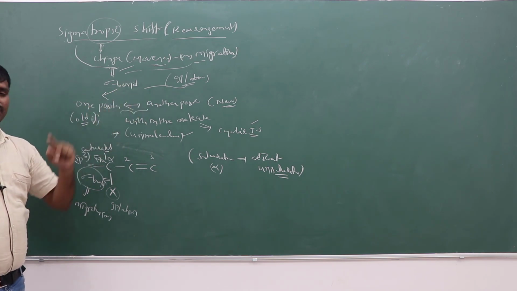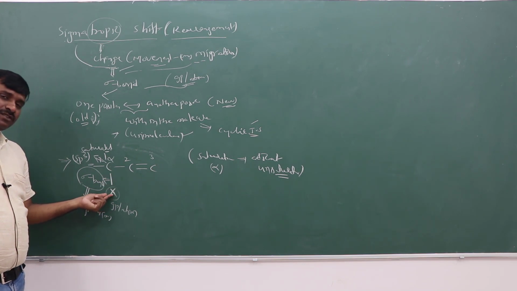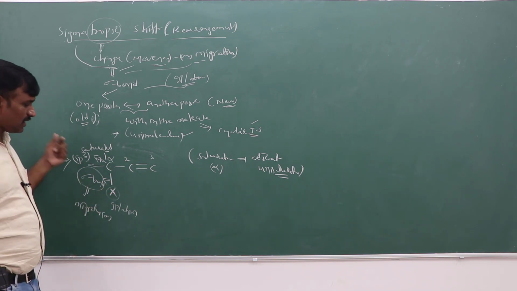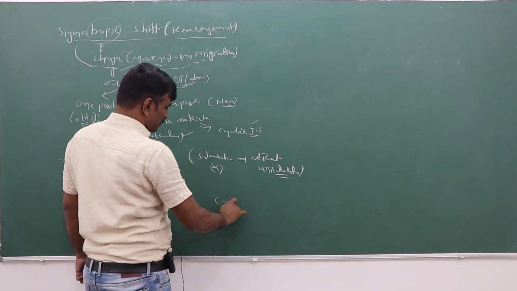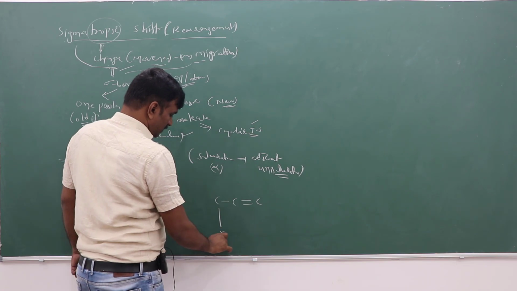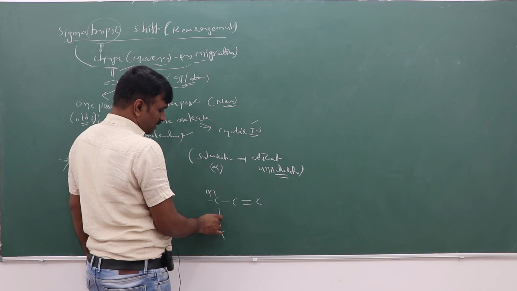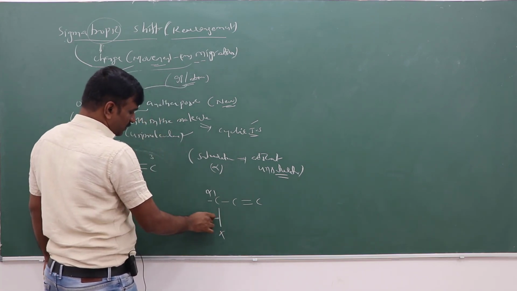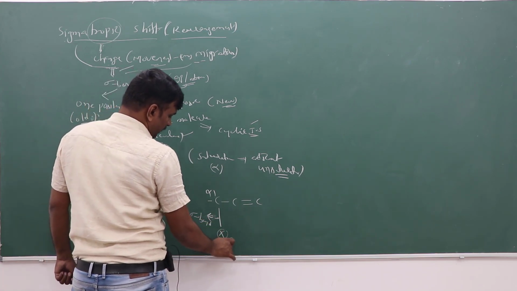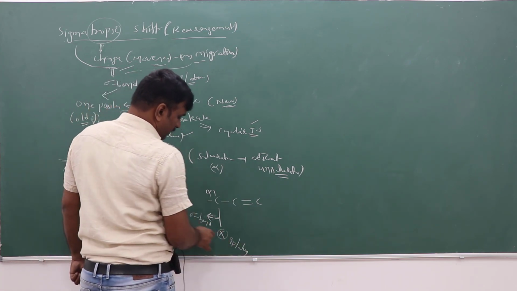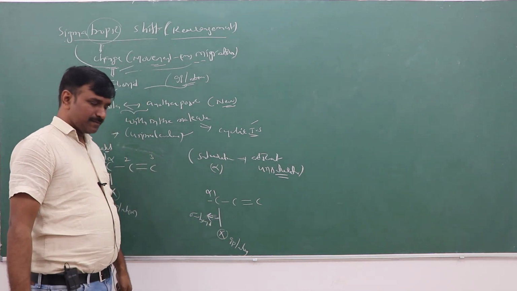That means the attached group or atom migrates. So this sp3 carbon is the alpha position, and this is the migrating sigma bond with the migrating group or atom.